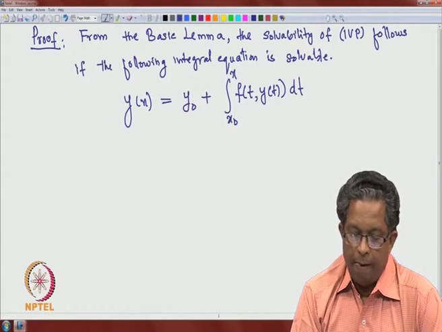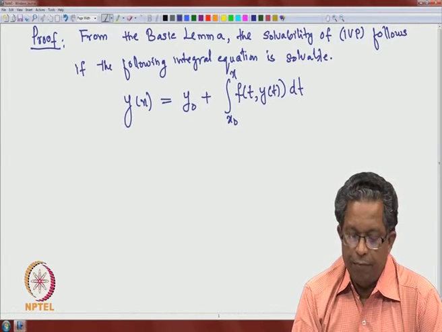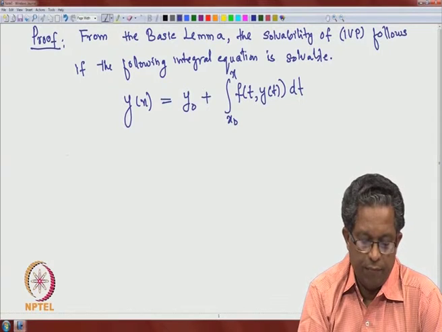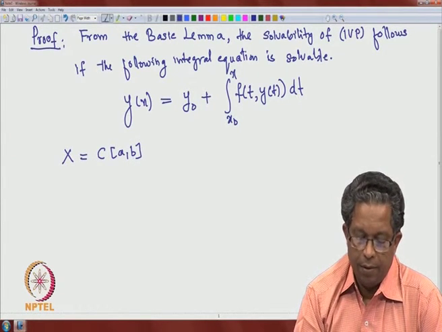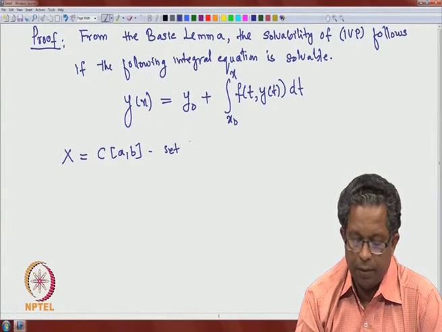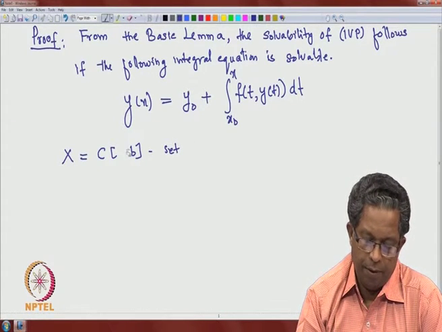and let us define an operator. So, let us define first a function space. Let X be C[x0, x1].